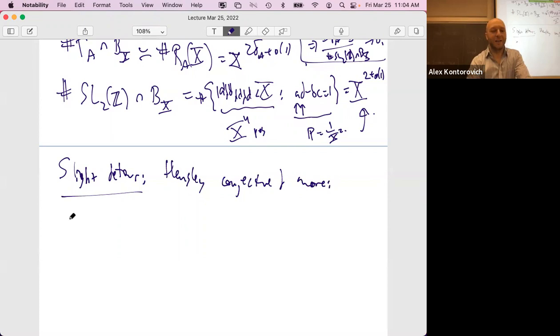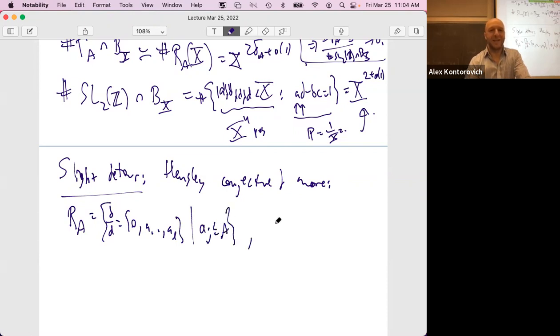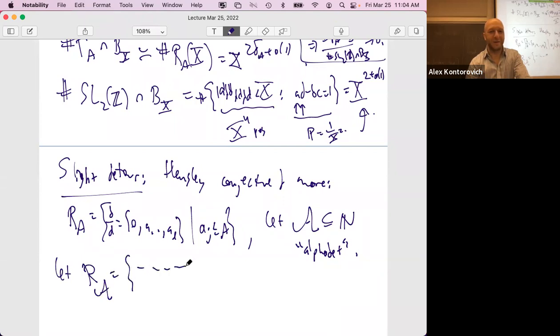Instead of looking at RA, which is the set of all partial quotients with all the AJs bounded by A, he says, I'll call it curly A, just some alphabet of allowed letters. And then you let R curly A be the set of all of these things with the AJs in the alphabet.